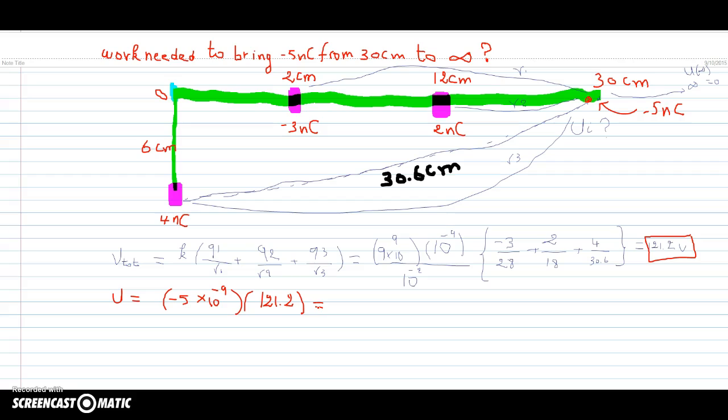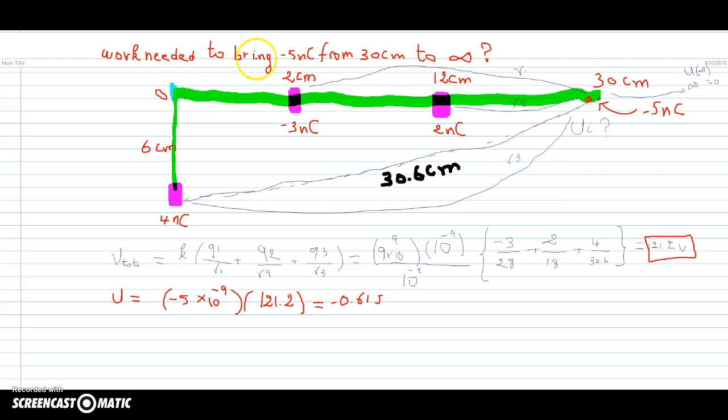You are going to find minus, of course, 0.61 joules. So this is the energy stored at this point in this particle.